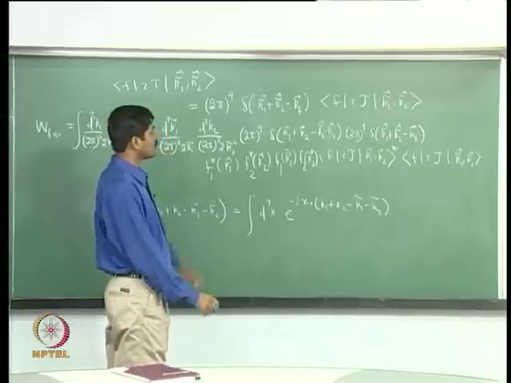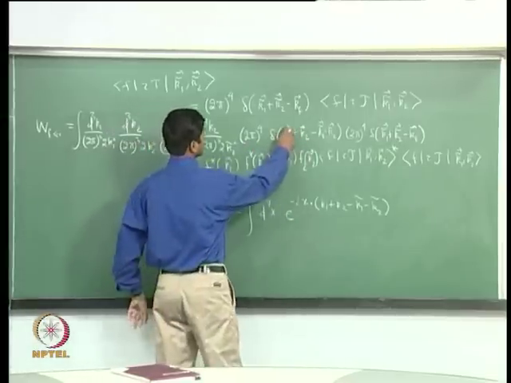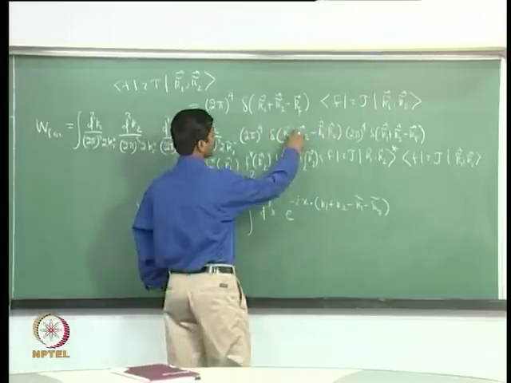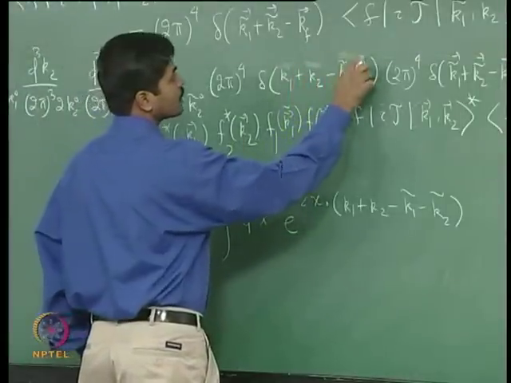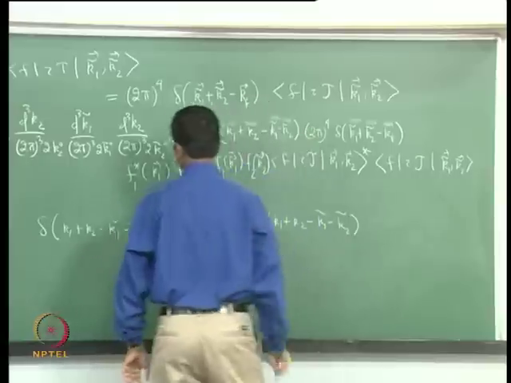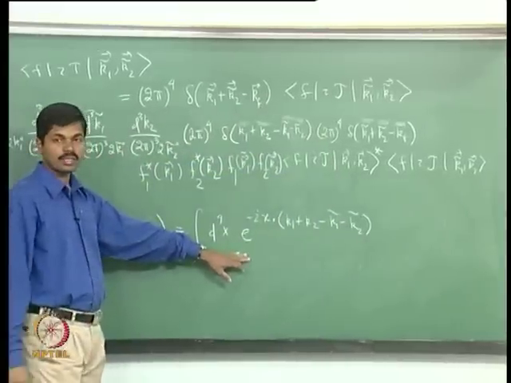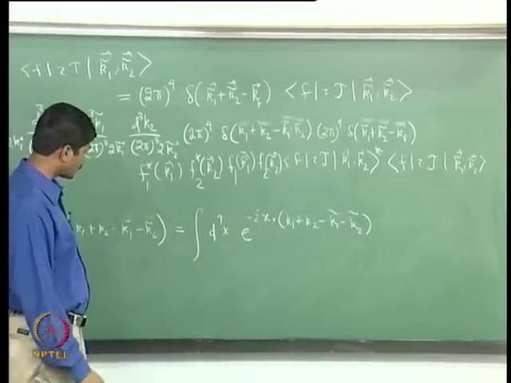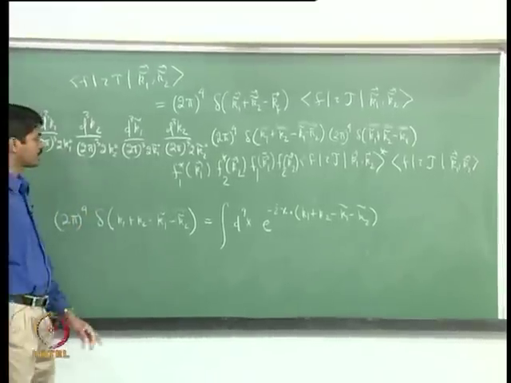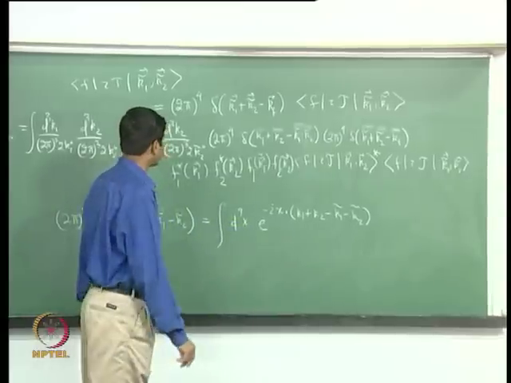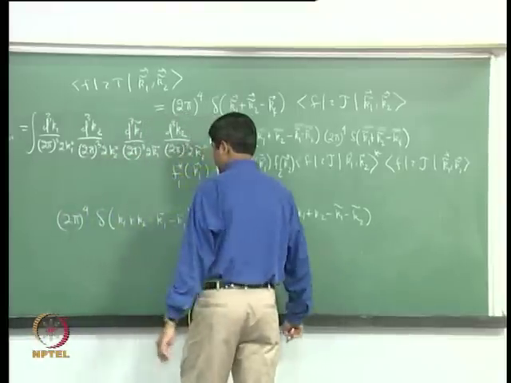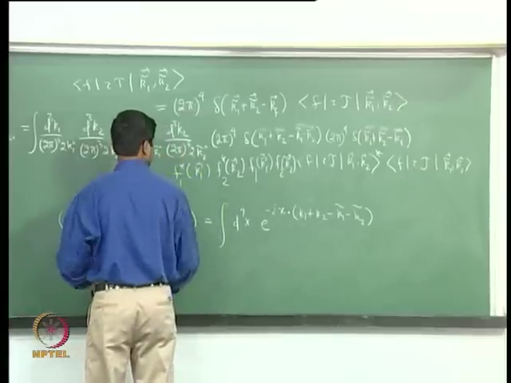So, not only the momenta, but also energy needs to be conserved. So, you have to have 4 dimensional delta functions here instead of 3D delta, and I will use this formula for the delta function. There is a 2π to the power 4th. So, 2π to the power 4th times this is given by this. I will substitute it here, and when I substitute, what I will get is the following.